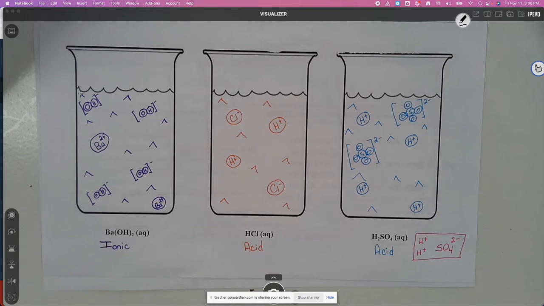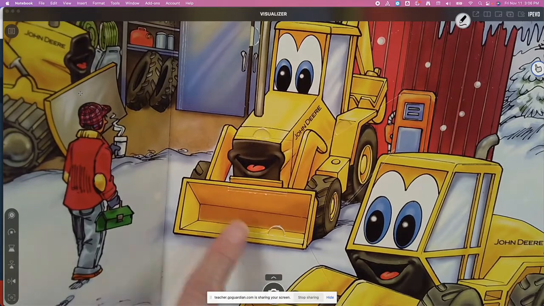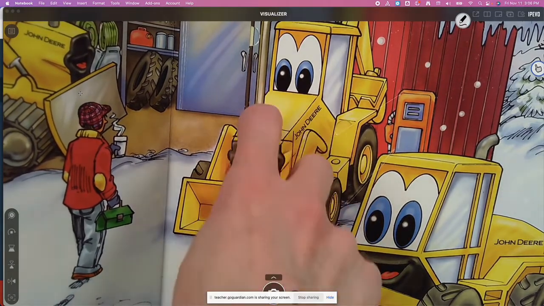The solution to our problem is actually going to come from children's literature. The Lift-A-Flap book. Hopefully you've all had one of these in your lifetime. We are going to start to do chemistry in a lift-a-flap sort of way. Okay? So like, here's a tractor. I wonder what's underneath the hood.